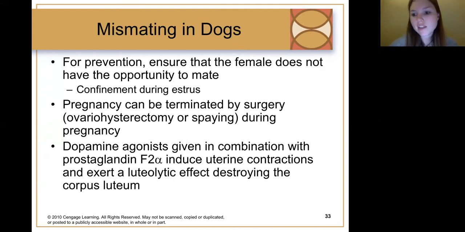Lytic basically means you're kind of breaking something down. So luteolytic would basically destroy that corpus luteum, which, if you remember, is producing the progesterone that's maintaining the pregnancy. So if the corpus luteum is destroyed, then pregnancy is no longer going to be maintained and that follicular phase is going to start over.